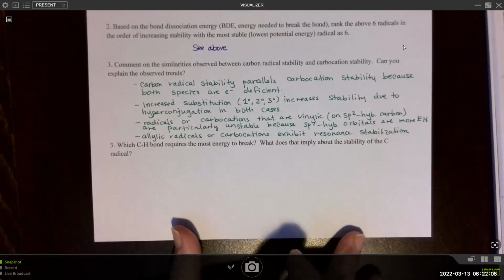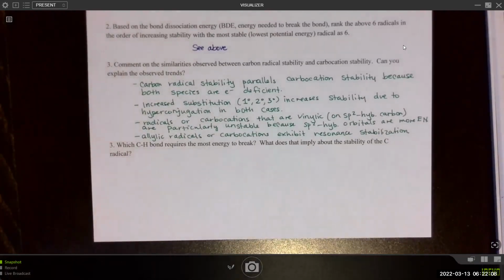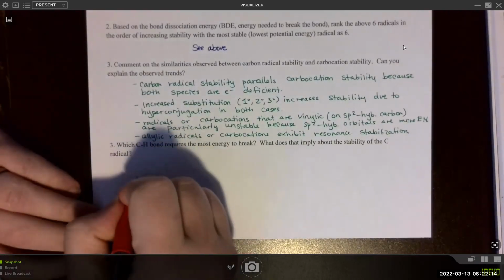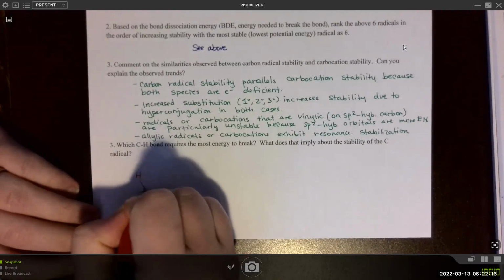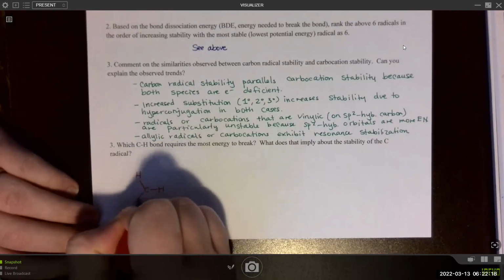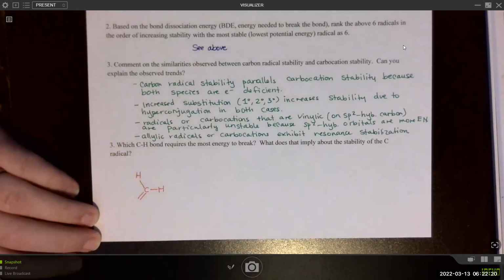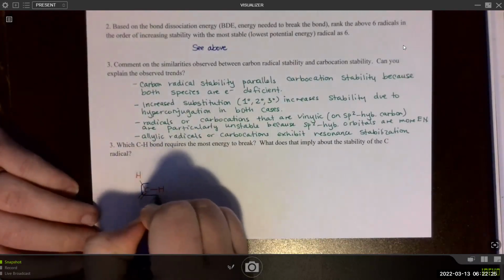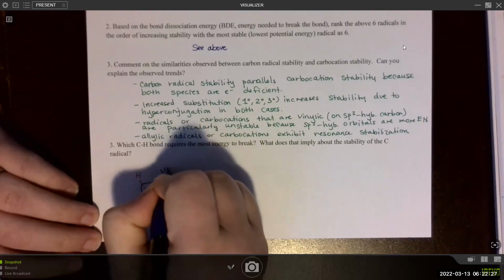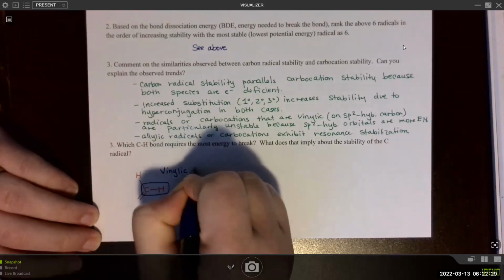Which CH bond requires the most energy to break? What does that imply about the stability of the carbon radical? So the one that requires the most energy to break, or has the highest bond dissociation energy, would be the vinylic CH bond.